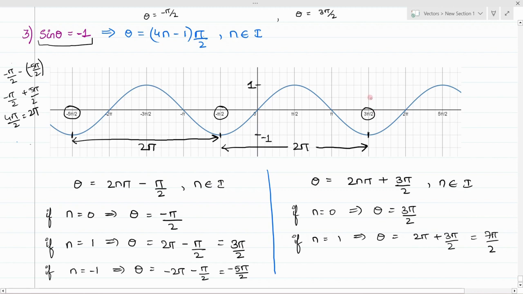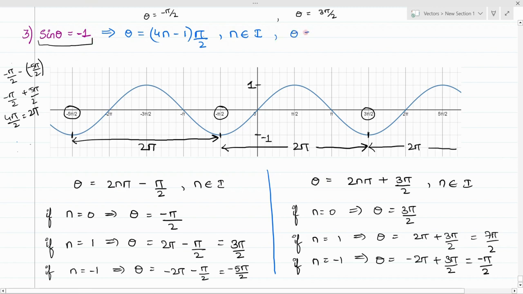Like if you calculate the difference again over here, 3 pi by 2 plus 2 pi, you will get 7 pi by 2. Similarly, if n is equal to minus 1, theta becomes minus 2 pi plus 3 pi by 2, which is nothing but minus pi by 2, which is the solution we have seen. So this also satisfies sine theta equal to minus 1.